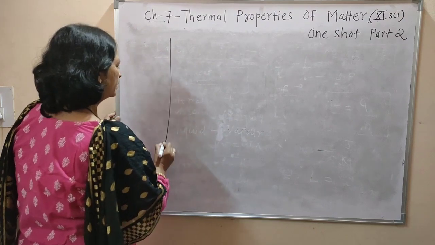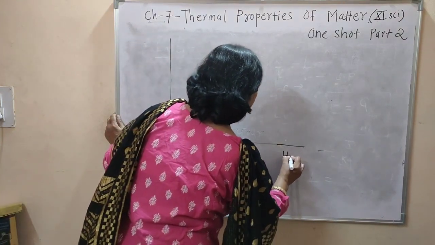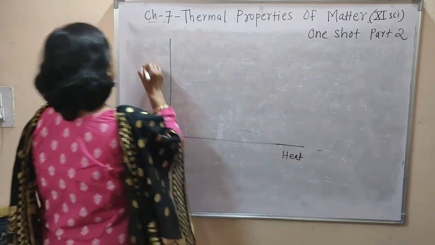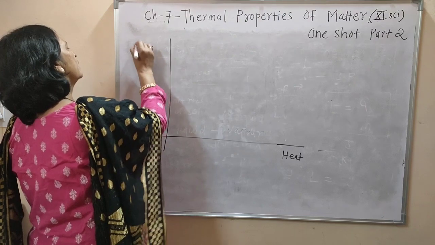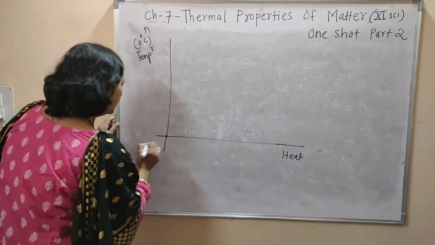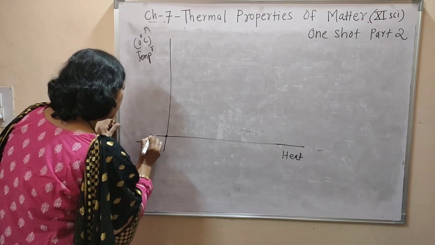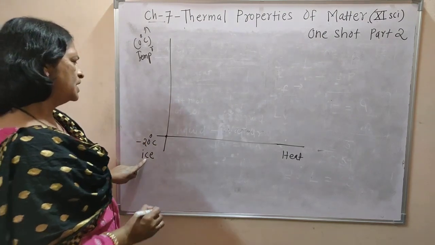Suppose heat is here and temperature in degree Celsius is here. Now consider a temperature of minus 20 degree Celsius, where the water is in ice form.